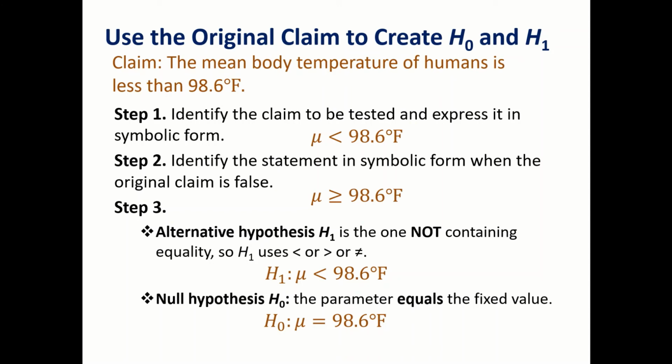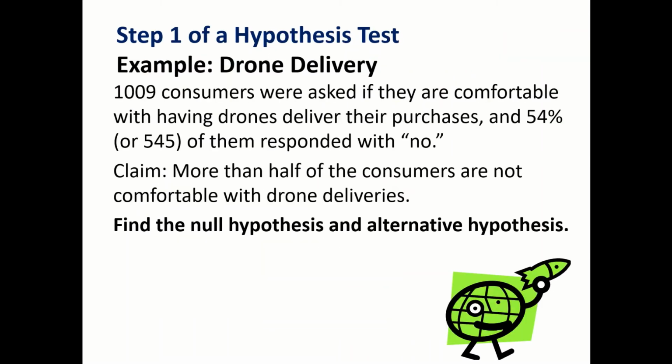Writing the null hypothesis and alternative hypothesis is usually the first step of a hypothesis test. So let's practice a problem. Okay, so here it says 1,009 consumers were asked if they are comfortable with having drones deliver their purchases, and 54% of them responded with no. So here's the claim.